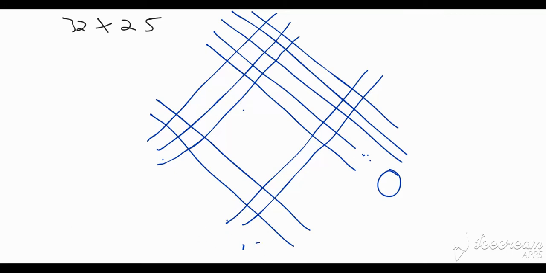So we're going to put a 0 here and we're going to carry the 2 up here. So let us count off the intersections over here. Now we have 1, 2, 3, 4, 5, 6. And bear in mind that we have this additional 2, so it would be 2 plus 6, which would give me 8. So the answer to this question is 800.